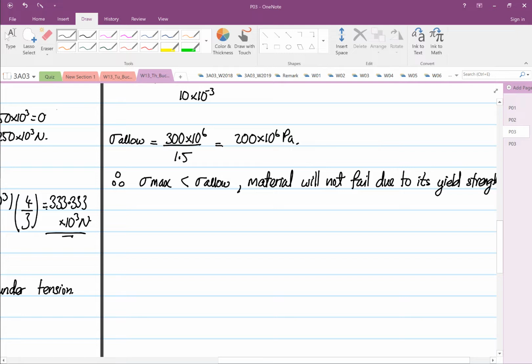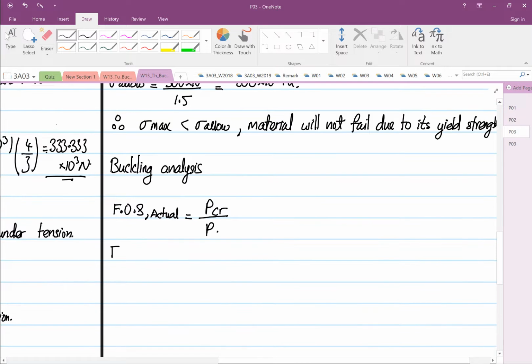So for buckling analysis, we know that the actual factor of safety will be equal to PCR divided by P. And we have to make sure that the actual factor of safety must be greater than 2.0.